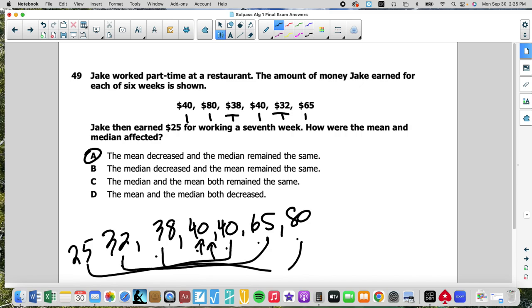So that would be A. The mean decreased because 25 is lower than all of these numbers. So of course it's going to bring the mean down. The median did not. The mean and median both decreased? It did not because the middle used to be between these two and the middle just shifted to the left one. So it is A for 49.